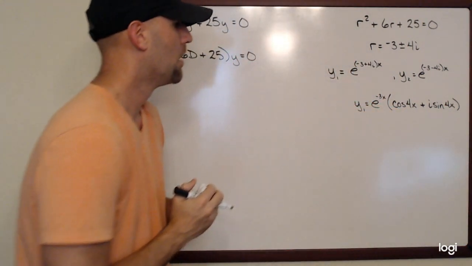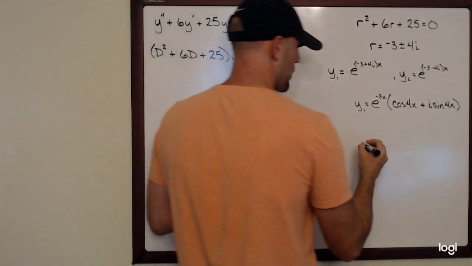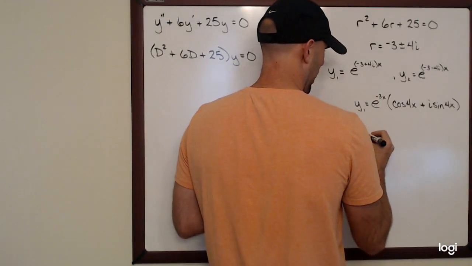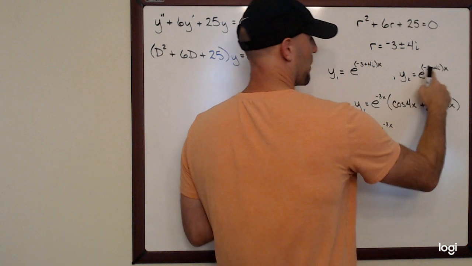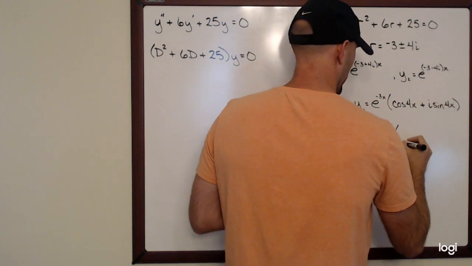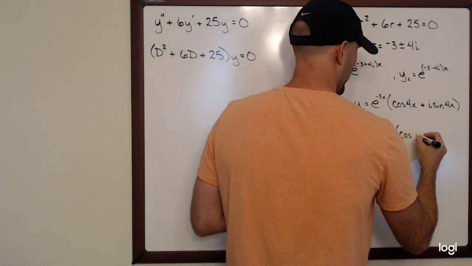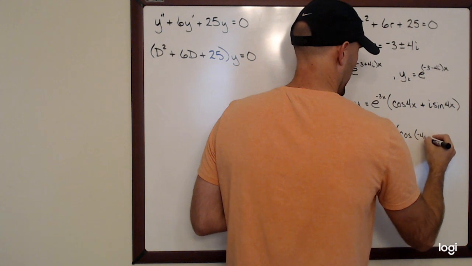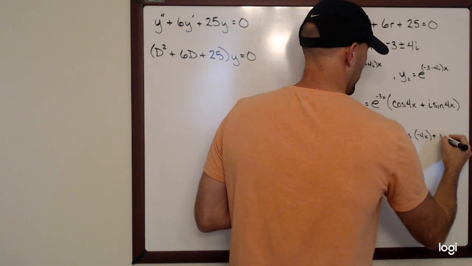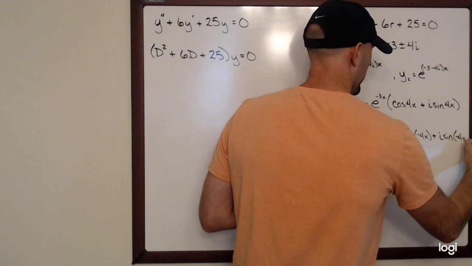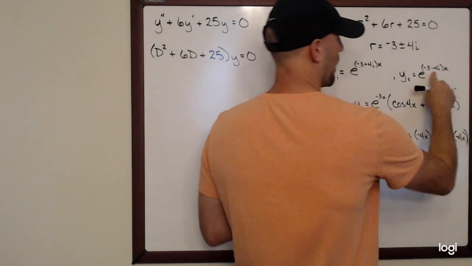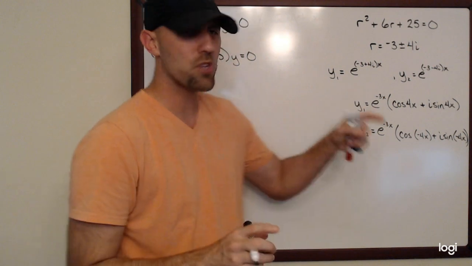Sure. The second one, which I'm going to do a little bit of work to, I get y2 is equal to e to the -3x, again from this one. That's cosine -4x plus i sine -4x. Again, b here is -4.